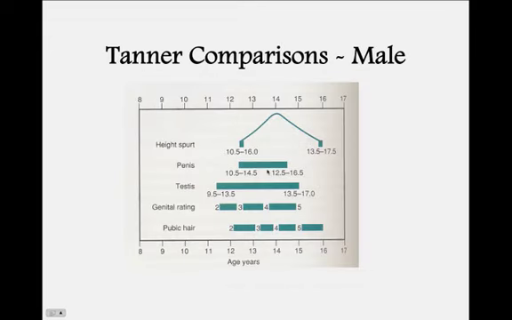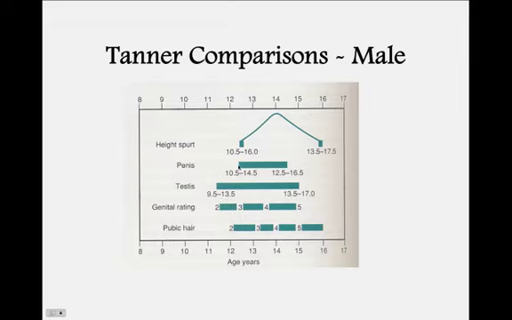Boys, you see the growth spurt here almost 2 years later. So we see the onset of it between 10.5 and 16, and the end of it 13.5 to 17.5.